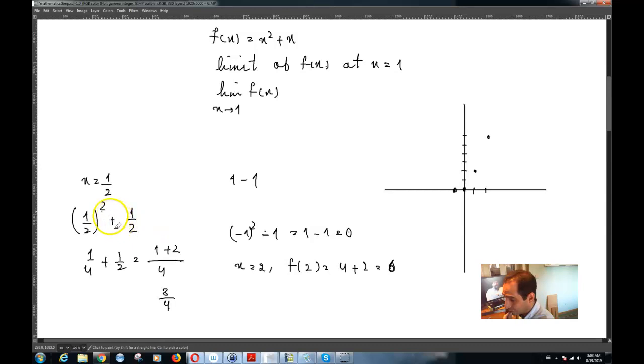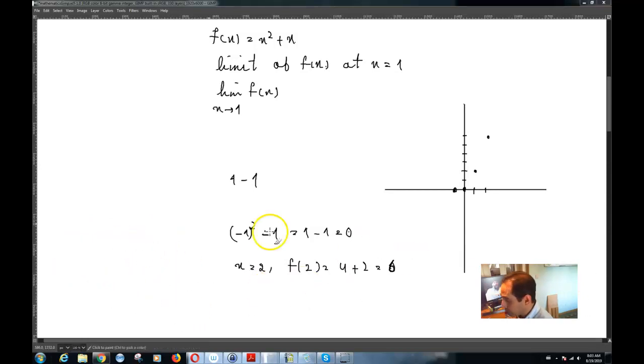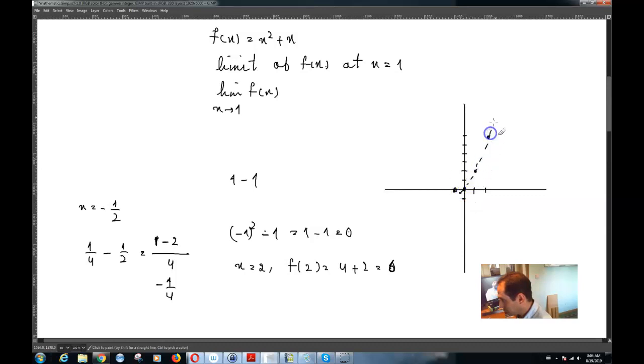At x is equal to negative 1/2, you're at 1/4 minus 1/2, which is equal to negative 1/4. Negative 1/4 would be some point over here. So the graph of the function is going to be something like this.